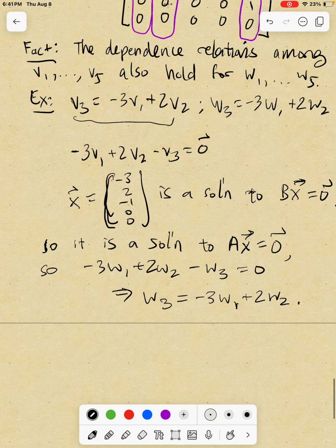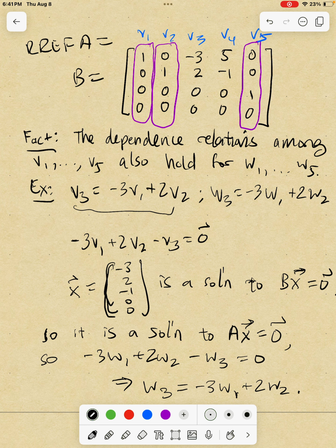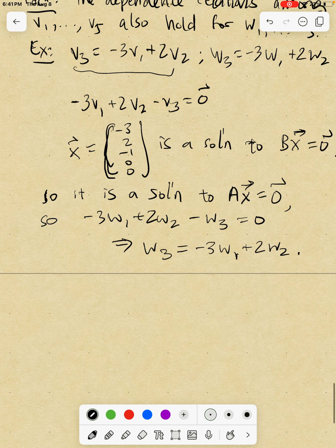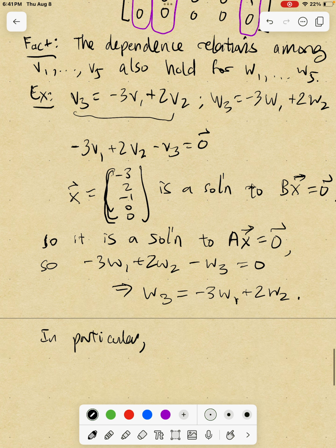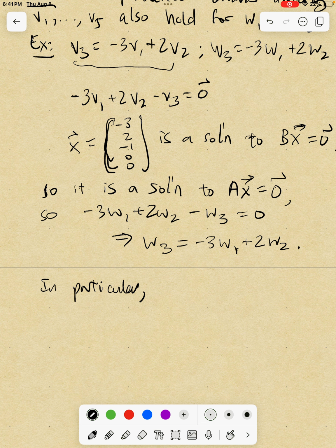So yeah, that basically explains what's going on. In particular, the pivot columns of B were linearly independent. Because of that, and because we know that the dependence relations in B are the same as the dependence relations in A, in particular W1, W2, and W5, this set is linearly independent.